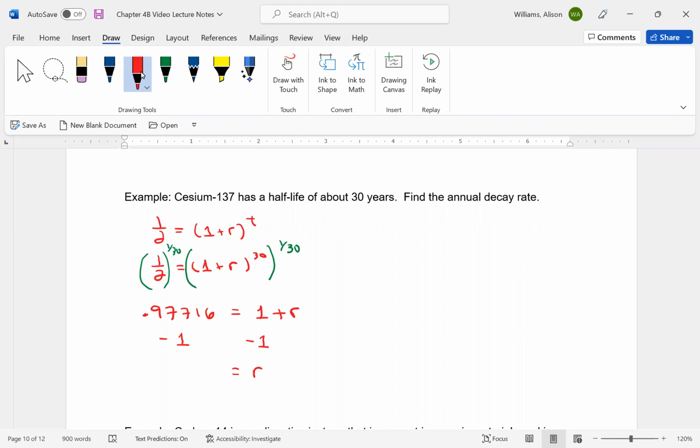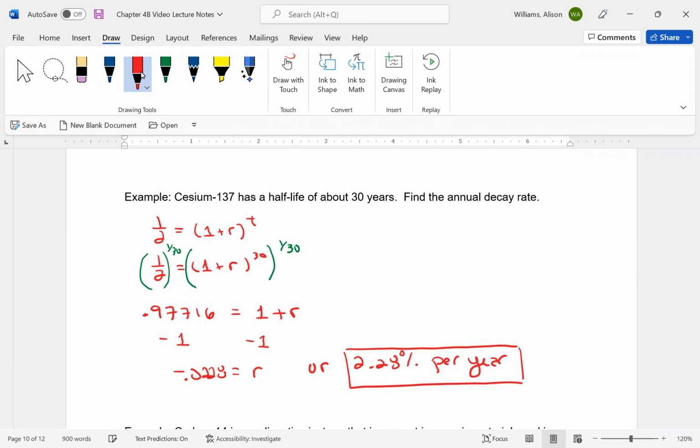So subtracting 1 gives me negative 0.0228, or 2.28% per year. That's the decay rate annually. It decays and gets rid of about 2% each year.